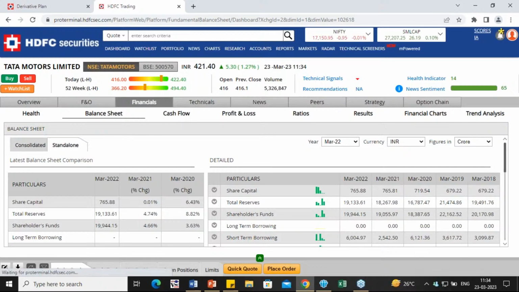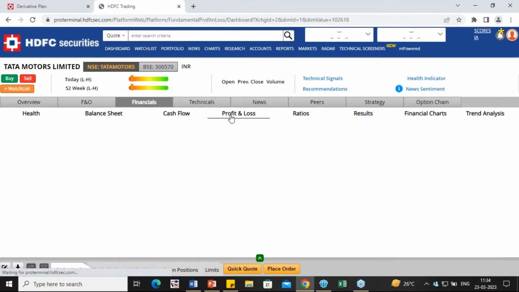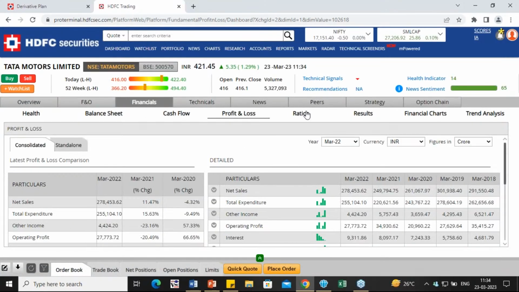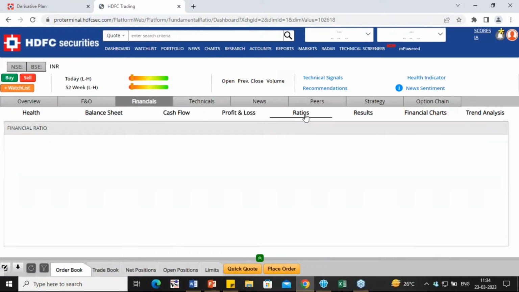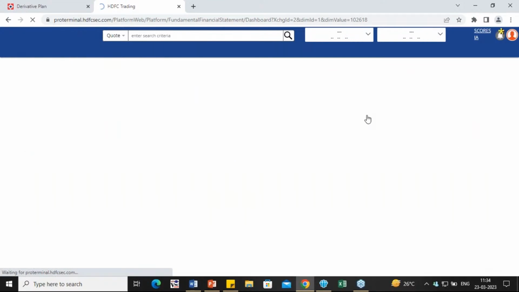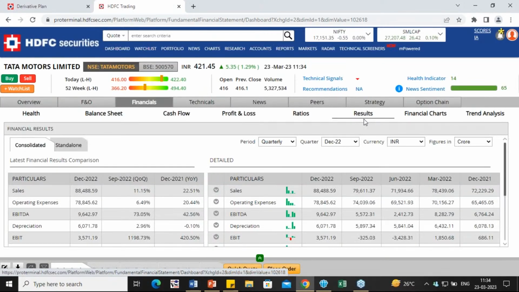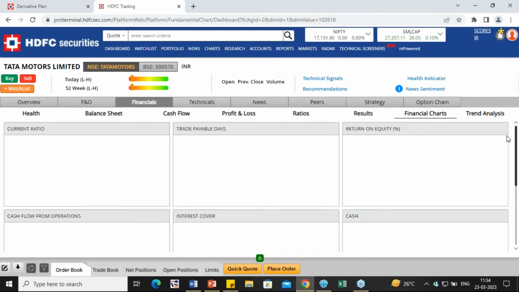Similarly, we have also given the cash flow of the company, profit and loss, ratios, results. You can also see the past history of the results from 2022, and financial charts of that particular screen.